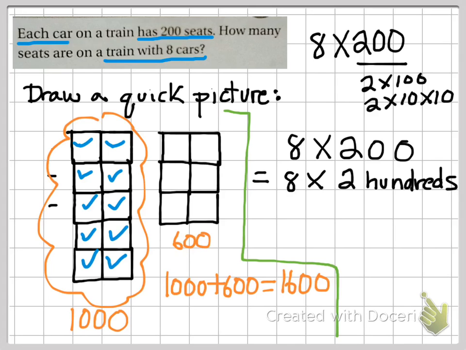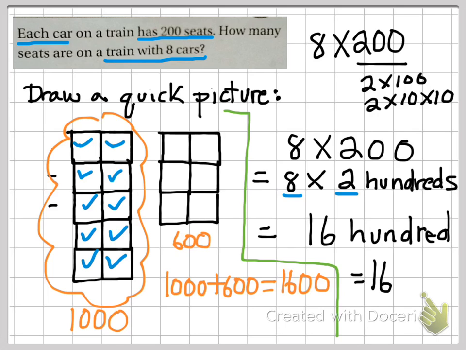So if I'm going to multiply 8 groups of 2 hundreds, that is equivalent to 16 hundreds. And like in our first chapter, we learned that 16 hundreds is equivalent to 1,600. Remember how we can rename numbers? 16 hundreds.